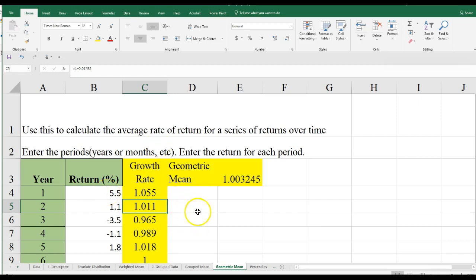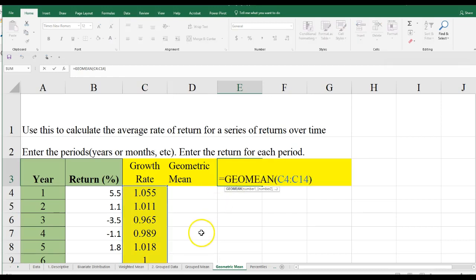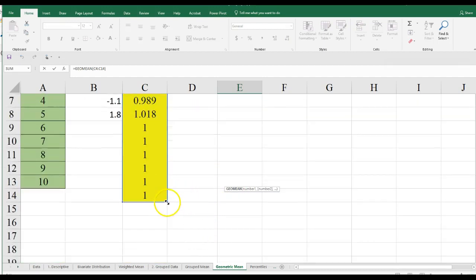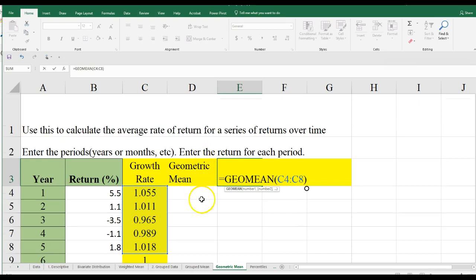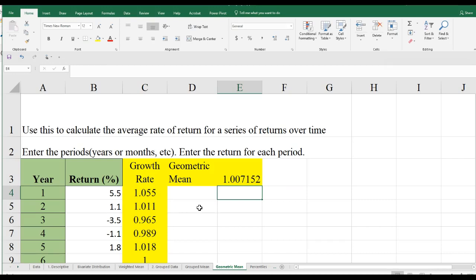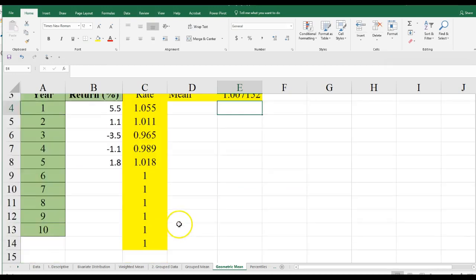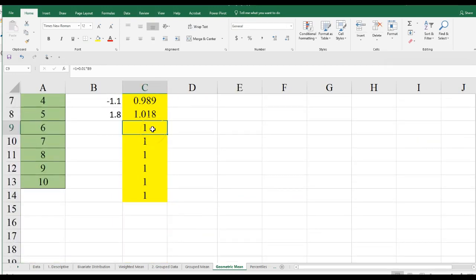That's our growth factor for each year, and that's the value that we use in our geometric mean calculation. Of course, be sure to adjust the extent of the array, because these values are no longer relevant, although I won't erase them.